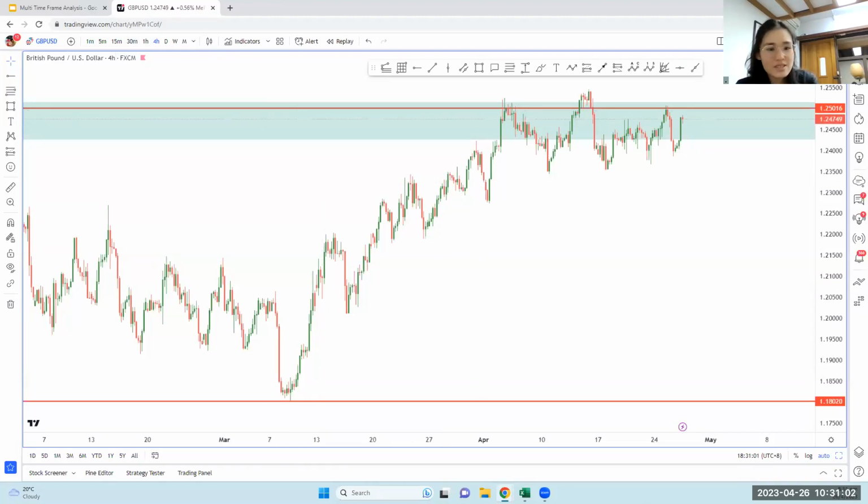Okay, I hope that made sense. That's just a pretty common multi-time frame analysis strategy that traders like to use. So I thought I'd mention it as well.